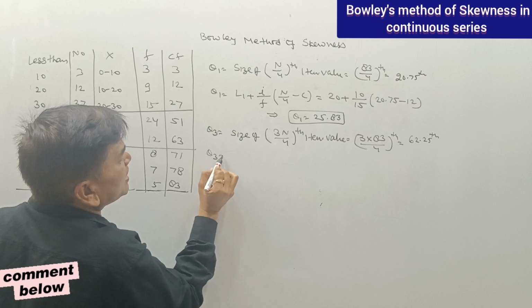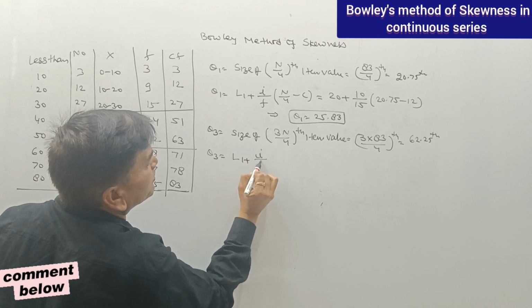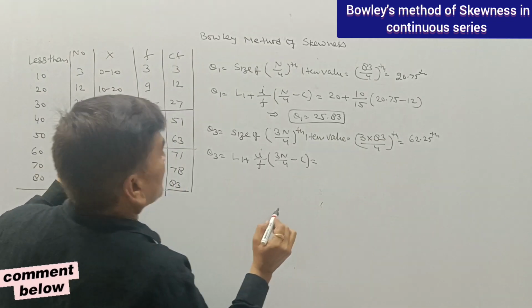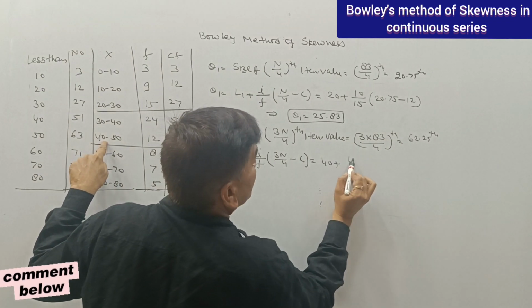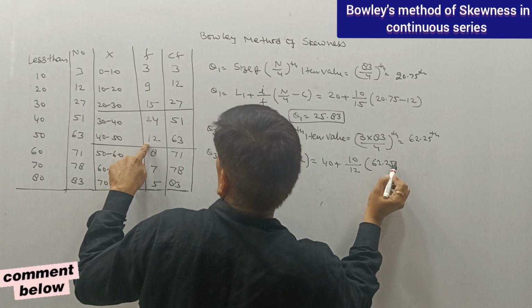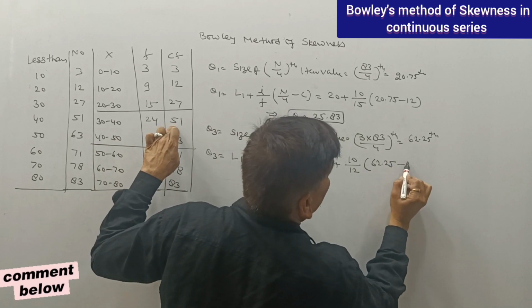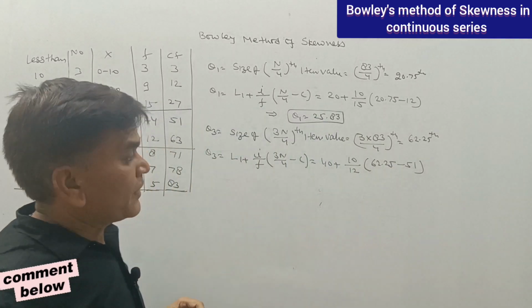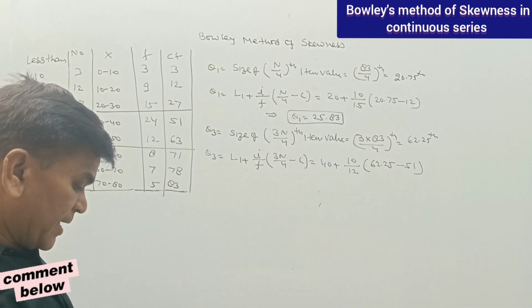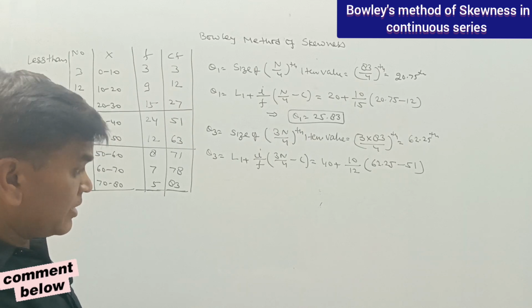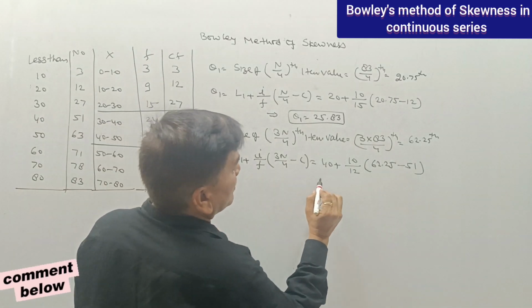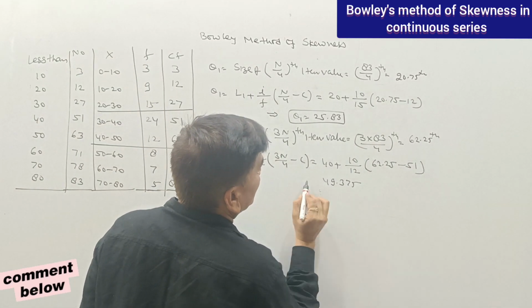So the value of Q3 is equal to L1 plus I upon F times 3n upon 4 minus C. L1 is 40, I is 10, frequency is 12, this is 62.25 minus the pre-cumulative frequency 51. By calculating, 62.25 minus 51, multiplied by 10, divided by 12, plus 40, that is 49.375. 49.375 is the value of Q3.